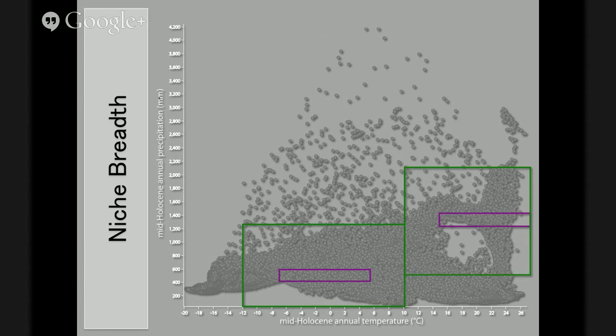What you see here, with temperature on the x-axis and precipitation on the y-axis, are examples of the breadth of the small niche breadth species, which are in purple, and the green are examples of the medium niche breadth species. As I hinted at in the beginning of the talk, it's important to note that the niches of these species are stable throughout the duration of our simulations, as well as across speciation events.